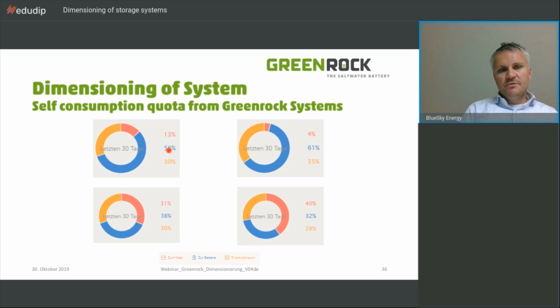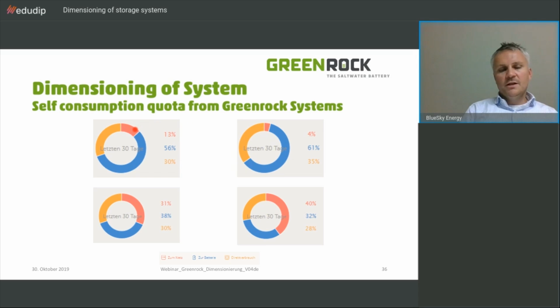Then this 56%, the blue part, is the excess energy which is going into the battery. So over there it is 56, 61, 38, and 32. That is getting into the battery. And of course, as we can see, the rest is what's going back into the grid.